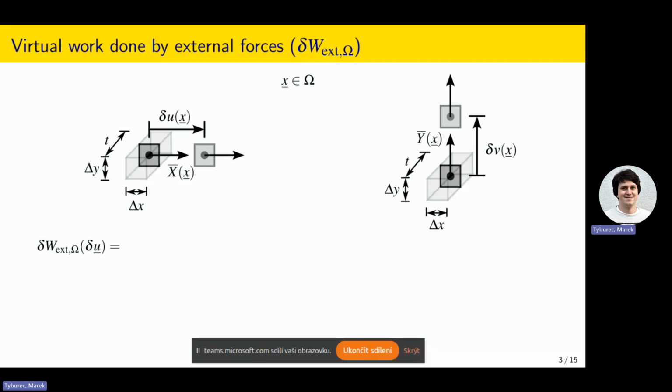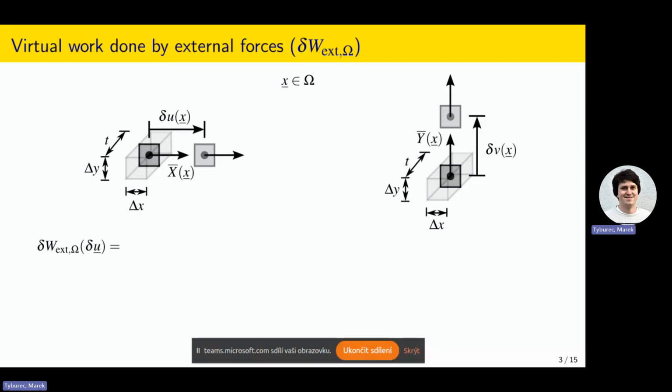Actually, here I made a mistake, so this should not be dU, but it should be dV because we have this direction. So that's the other component. That's essentially simply writing down what its virtual work should be.